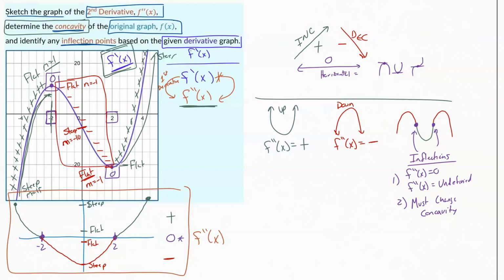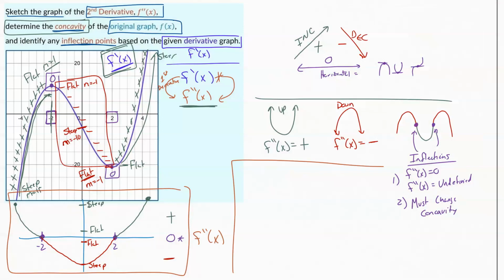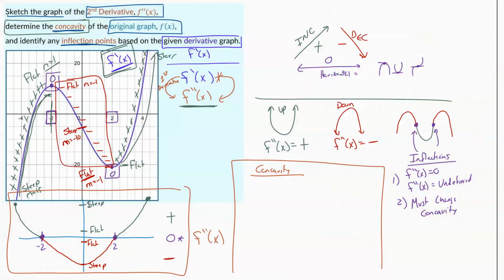So let's go back and give them our answer. We are looking for the concavity of our graph. So to the left here, we're reading off of this graph. All of that positive stuff is positive second derivative information, and so that is when our graph is concave up.